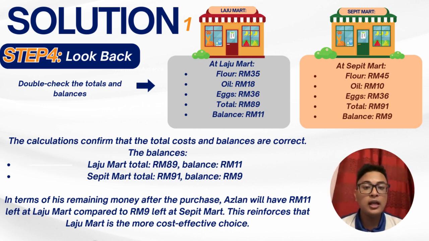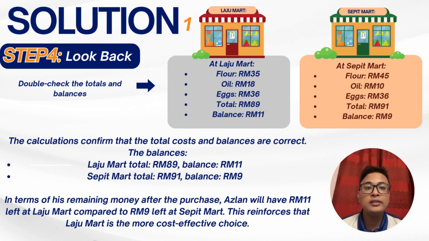I'm just using a calculator, so it's easy to double check. The calculation confirms that the total cost and the balance are correct, and the balance at the first store is 11 ringgit and at the second store is 9 ringgit.